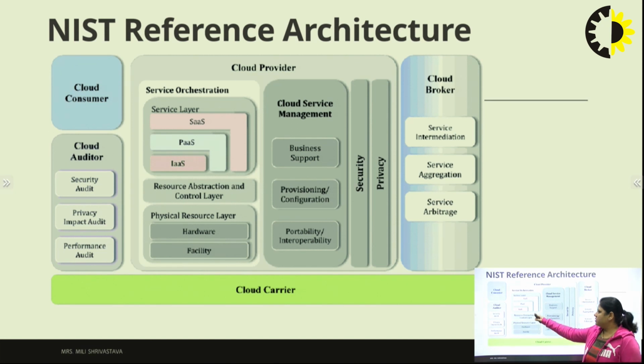So, virtual infrastructure is provided by the cloud provider, and we can access that service by paying a nominal amount to the cloud service provider.